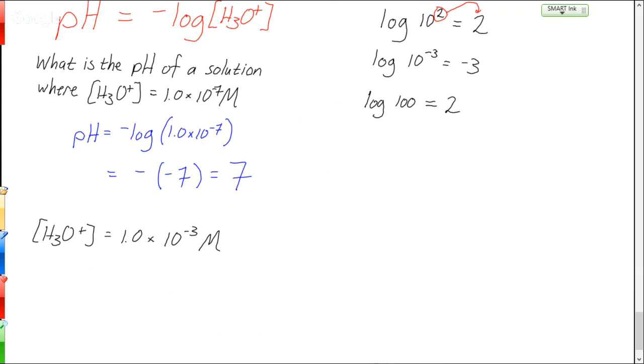What's a bigger number, 10 to the minus 7 or 10 to the minus 3? Minus 3, because 10 to the minus 7 is 0.0000001. 10 to the minus 3 is 0.001. So it's a much larger number.